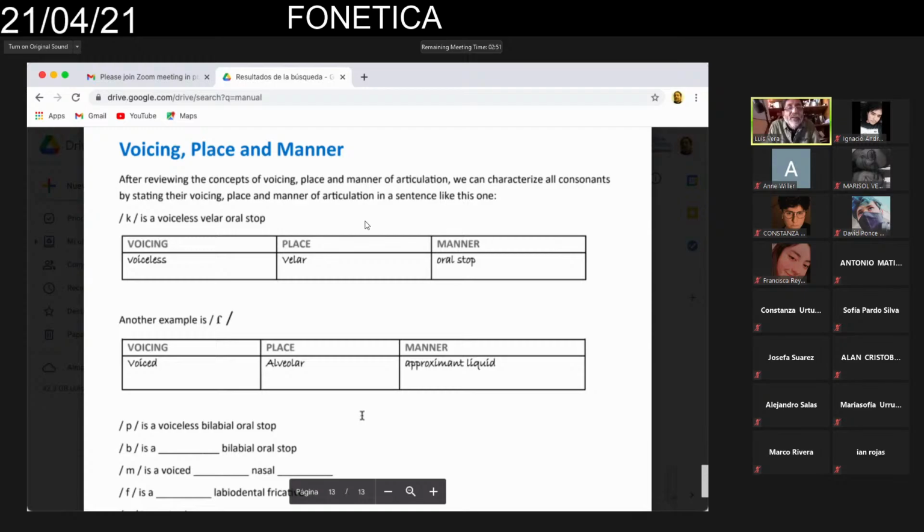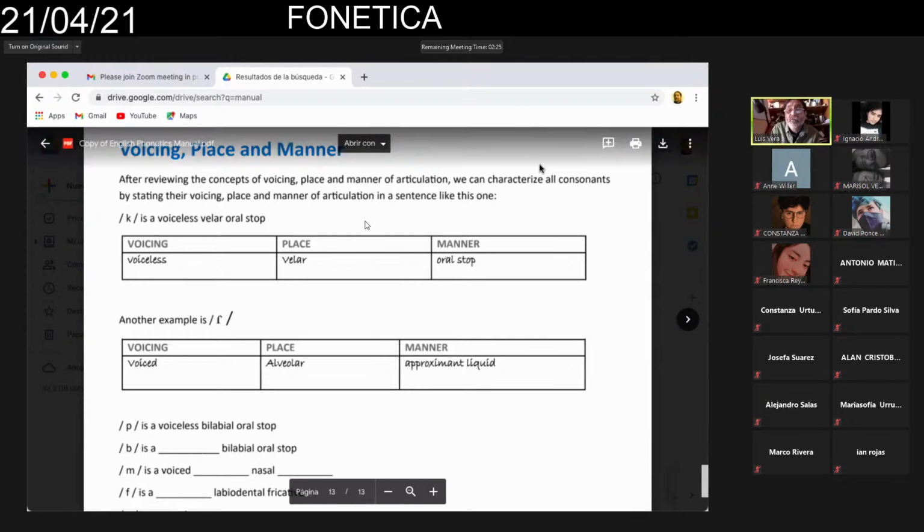So voicing is voiceless, place velar, and manner oral stop, and then the result is a voiceless velar oral stop. Another example is r. Voicing is voiced, place is alveolar, and manner is approximant liquid. So the result is a voiced alveolar approximant liquid.